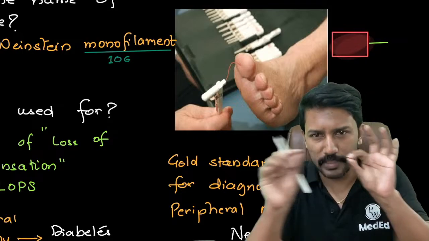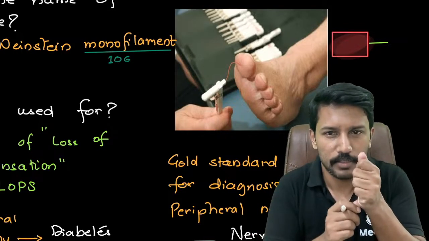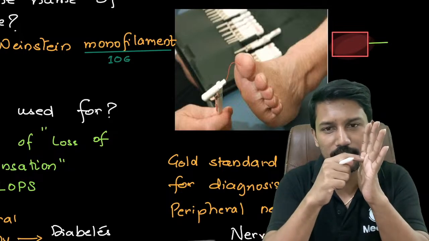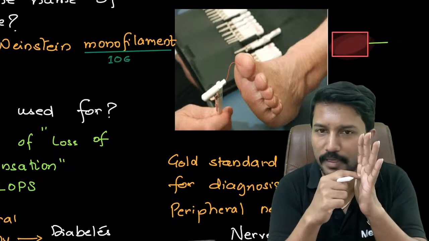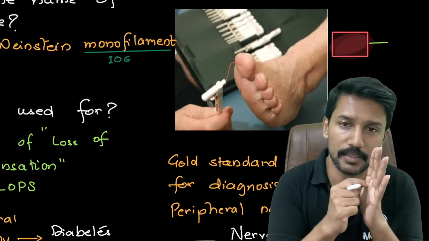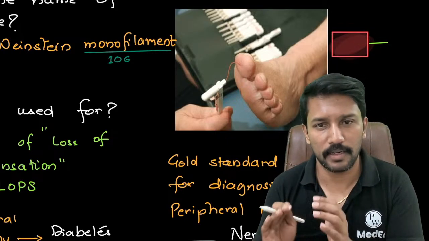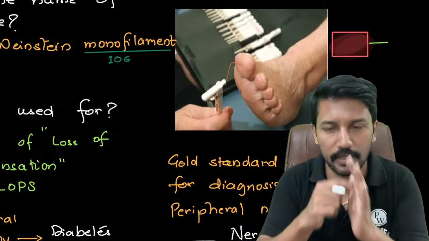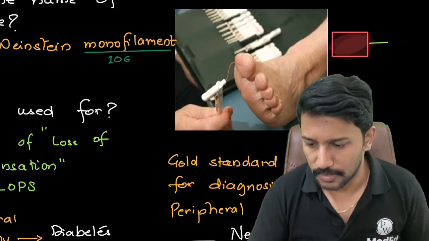So either a card with a filament or a handheld tube with a filament. The filament is the most important thing. When pressed, it exerts 10 grams of pressure, and after that it no longer exerts the pressure. A diabetic neuropathy patient who can feel this, his feet are protected against any trauma, he will be able to notice it, but if he can't feel it, then he has lost the protective sensation.